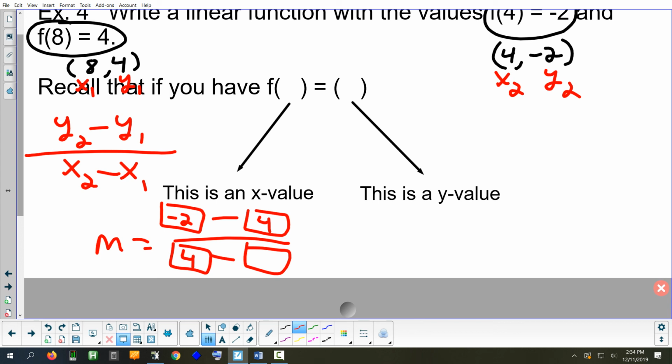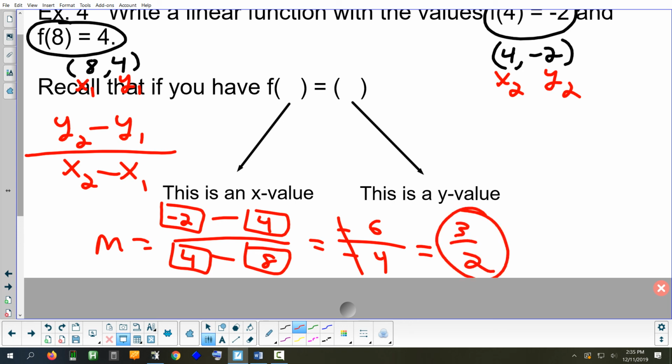And what's going to go in the lower right? 8. -2 take away 4 is -6. What's 4 minus 8? Negative 4. Negative divided by negative is positive. And what is 6/4 reduced to? 3/2. That's your slope.